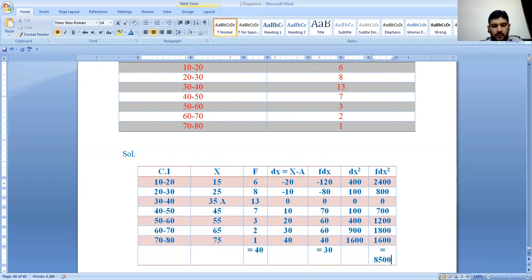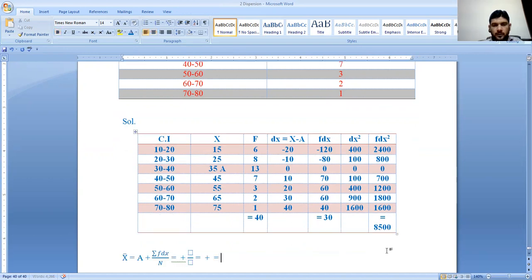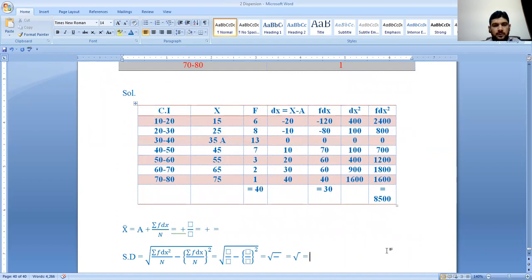Now we have to apply our formula to these values. Now I am going to use the shortcut method for finding the mean. I have taken 35 as a, that is 35 plus sigma fdx, that is 30, upon n, that is 40. 30 upon 40.